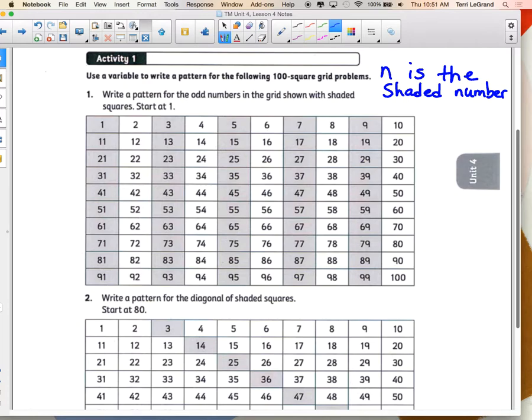Or in other words, I could go off to the side here and say, what do I do to get from 1 to 3? I'm zeroing in on those. Let's see, what do I have to do to get from 7 to 9?